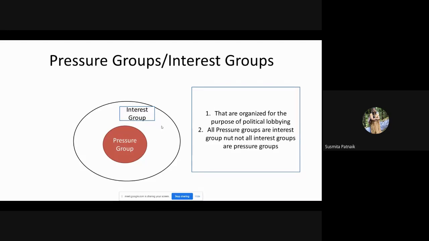Initially it was an interest group, but when it puts pressure upon the government, it becomes a pressure group. So all pressure groups are interest groups, but all interest groups are not pressure groups, because every interest group cannot put pressure upon public policies. When they put pressure upon public policy, it becomes a pressure group.